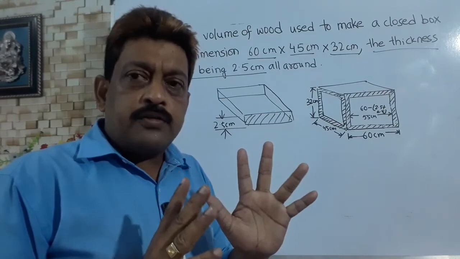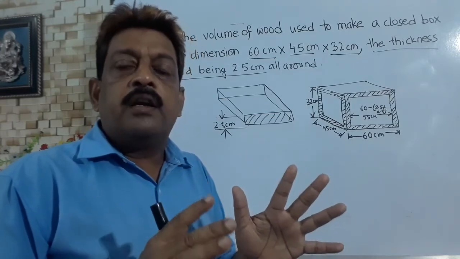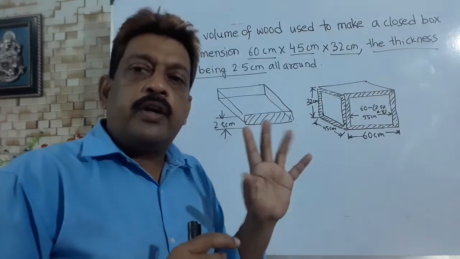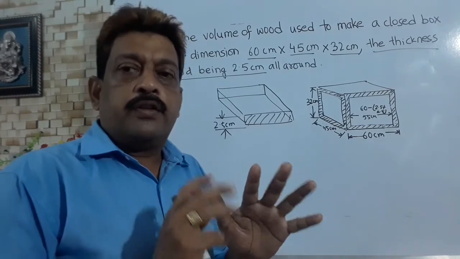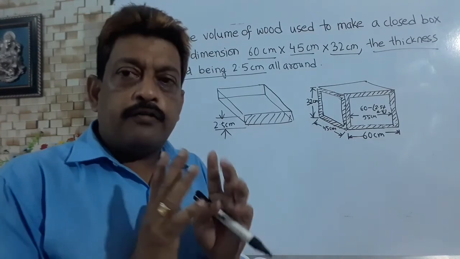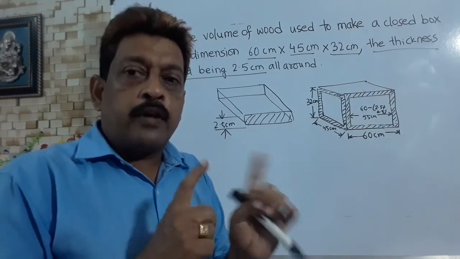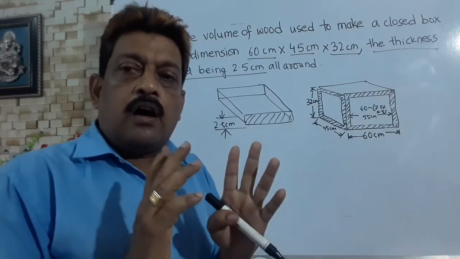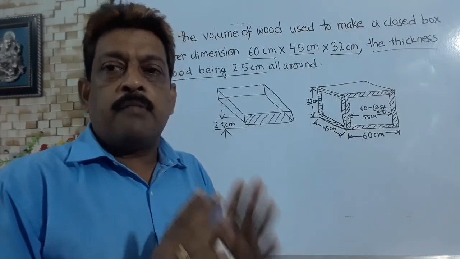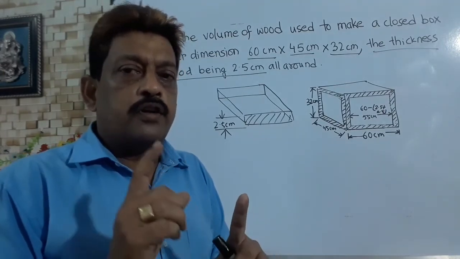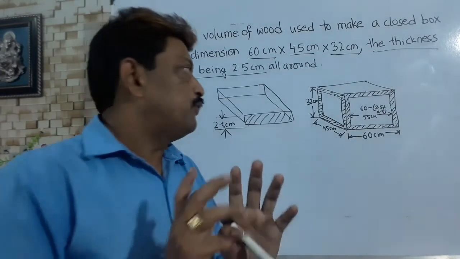So from these inner dimensions, inner length, inner breadth and inner height, we can calculate the inner volume. Then to find the volume of wood, we have to subtract the inner volume from the outer volume. That is, outer volume of the box minus inner volume of the box will give you the volume of wood.